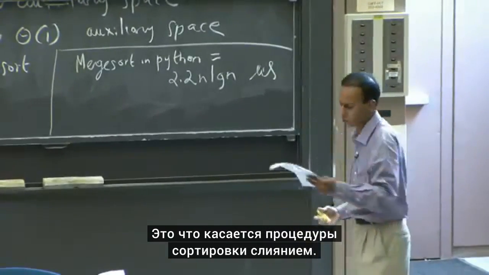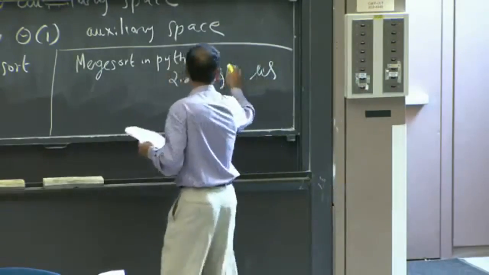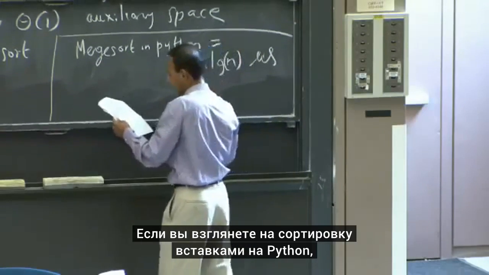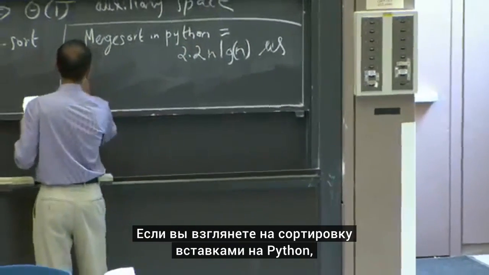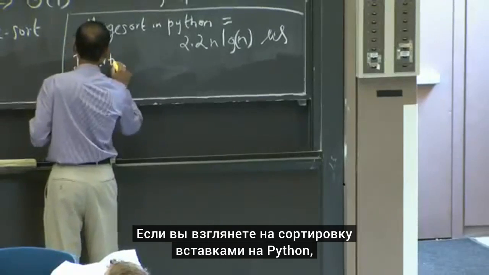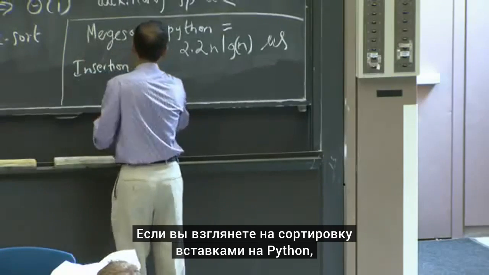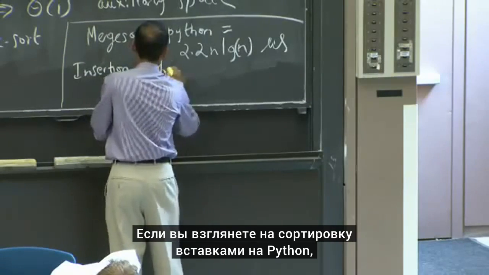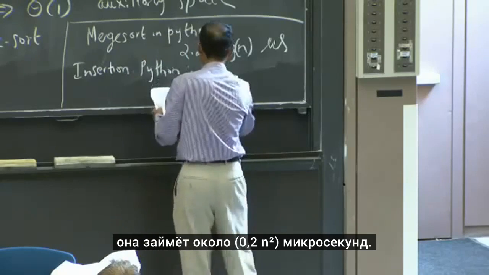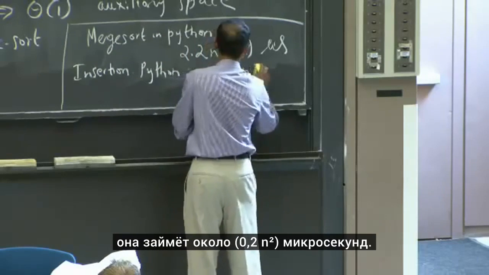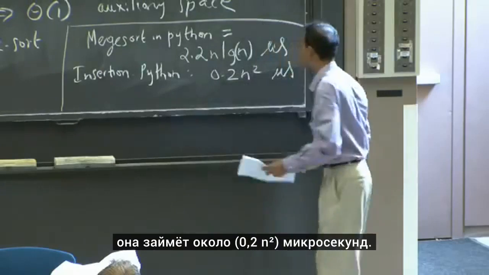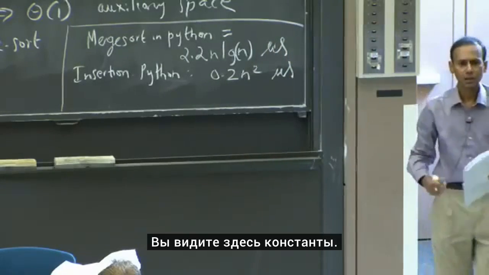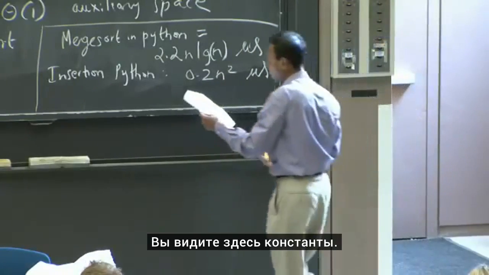So this is the merge sort routine. And if you look at insertion sort in Python, that's something like 0.2 n squared microseconds. Okay? So you see the constant factors here.